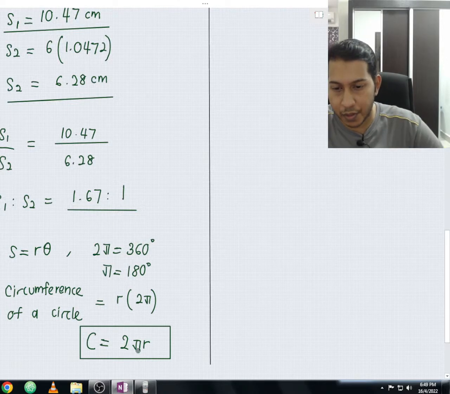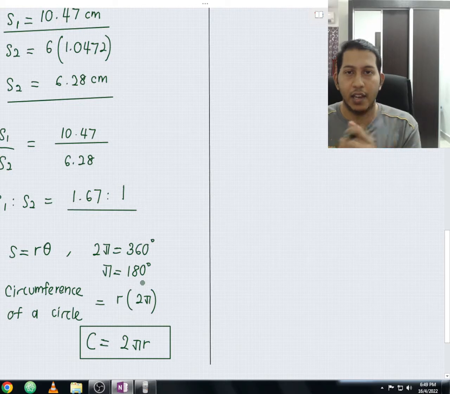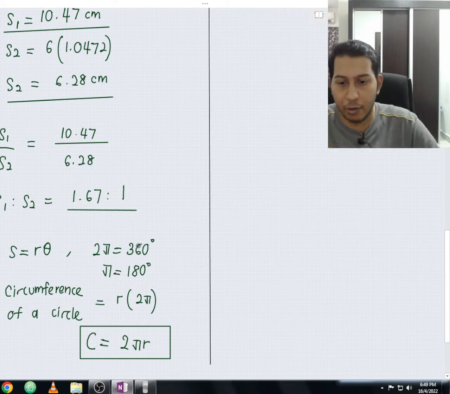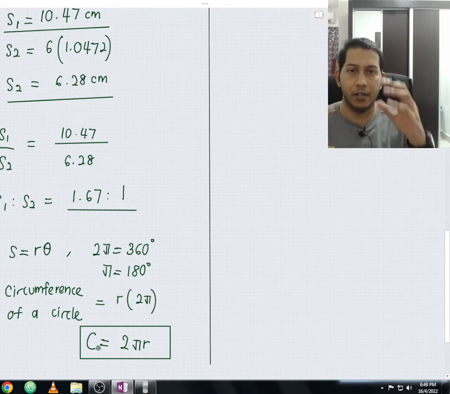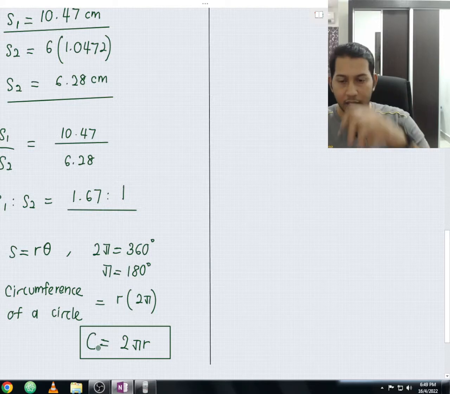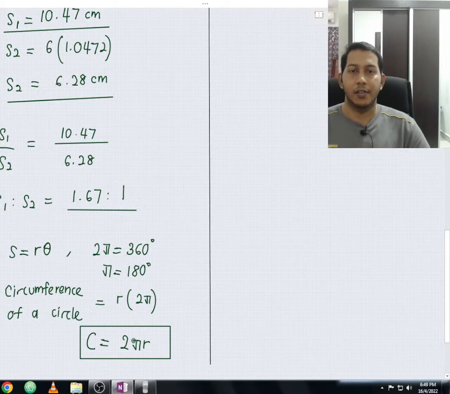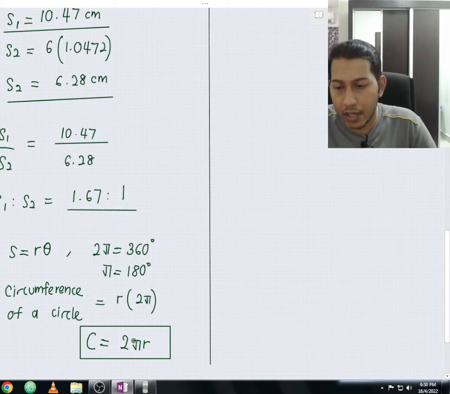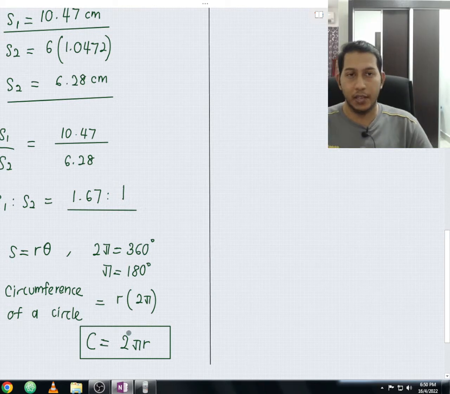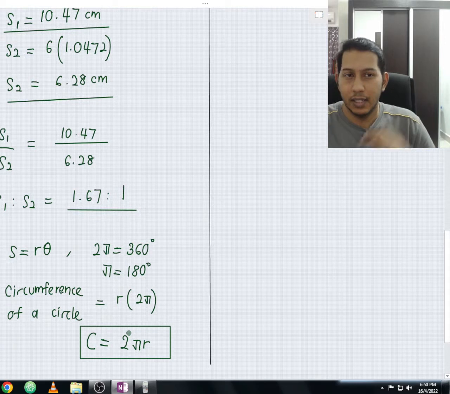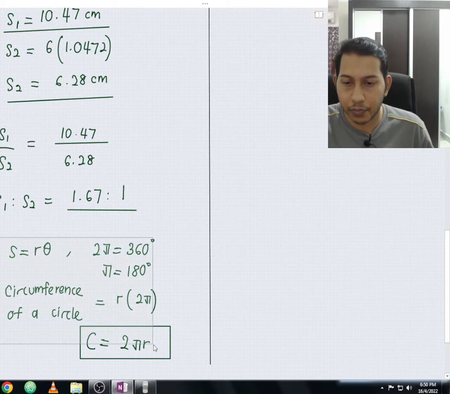This 2 pi indicates the total internal angle of a circle, which is 360 degree, and this R indicates the radius of a circle. So the full circumference of a circle, which means the full length of a circle, is equal to 2 pi R. That's how you get the formula of the circumference of a circle, which is C equals to 2 pi R. I hope you understand the concept behind this. This is for your extra knowledge, guys.